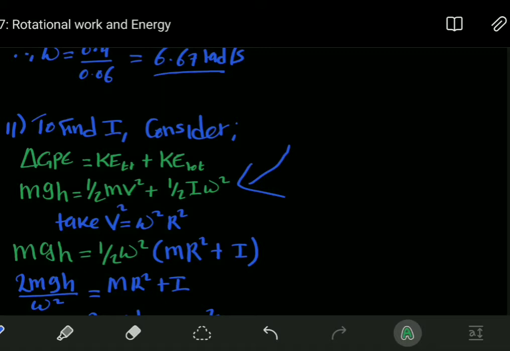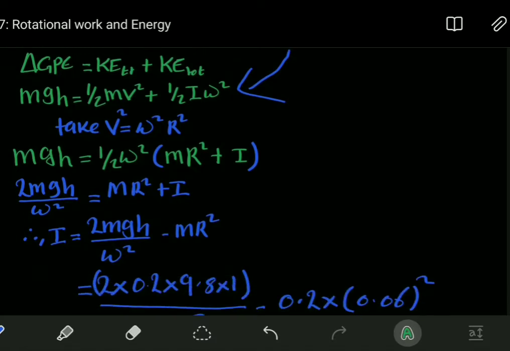Then in brackets we remain with m r squared plus I. Since we're looking for I, we work out an expression for I. We have 2mgh over omega squared equals m r squared plus I, from which we find I equals 2mgh over omega squared minus m r squared.